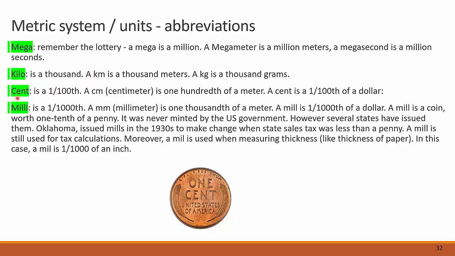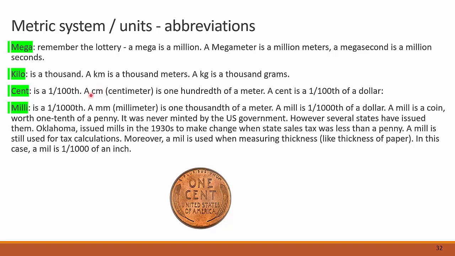Another abbreviation is the cent. Look at this coin here. It is 1 cent. Why do we call it 1 cent? It is also 1 penny, of course. Why do we call it 1 cent? Because it is 1/100th of a dollar. The word cent means 1/100th. Whatever that unit is, we divide it by 100.